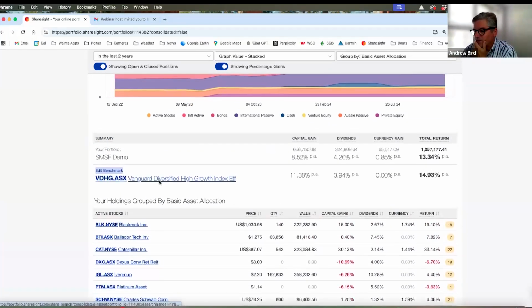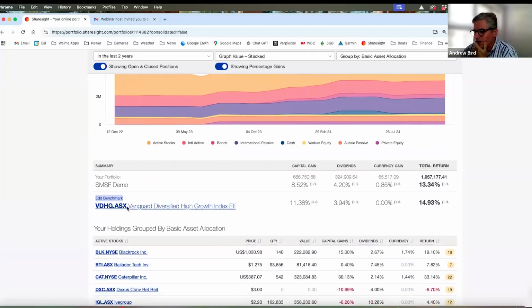Quick word about benchmarks. The benchmark that I use is VDHG, which is a Vanguard Australian listed blended ETF. Basically it's a collection of several other ETFs in a fairly traditional growth-oriented asset allocation.